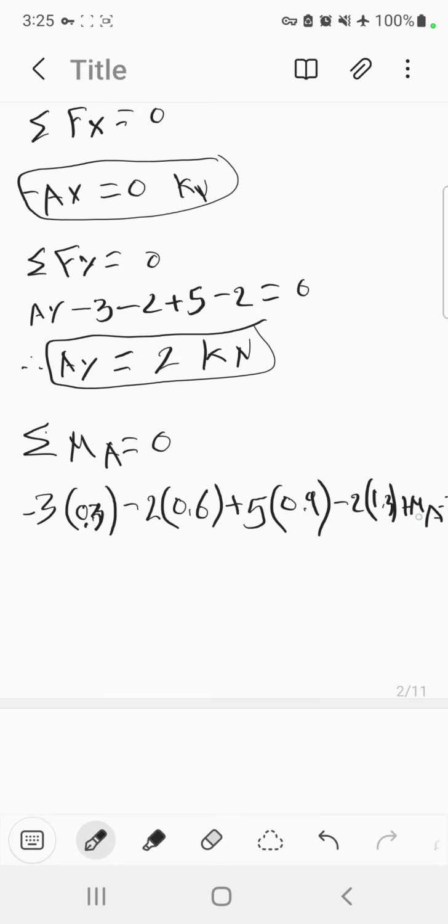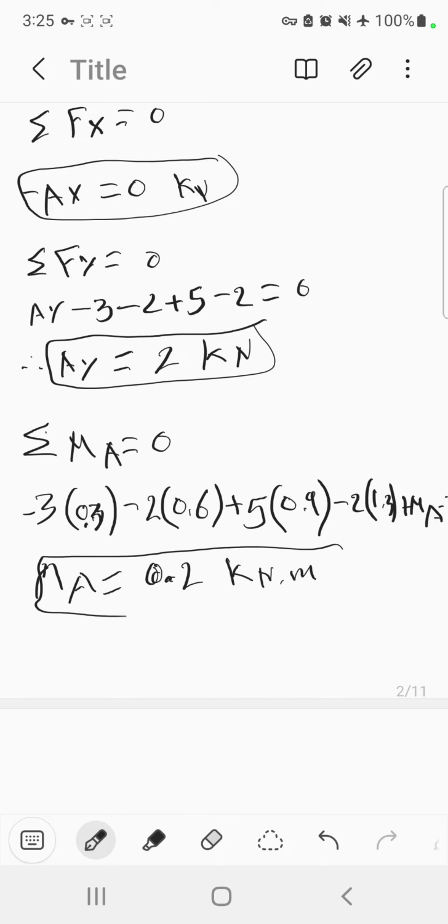So if we bring MA outside, MA equal to, multiply all of them, you're going to end up with 0.2 kilonewton per meter. So this is MA.